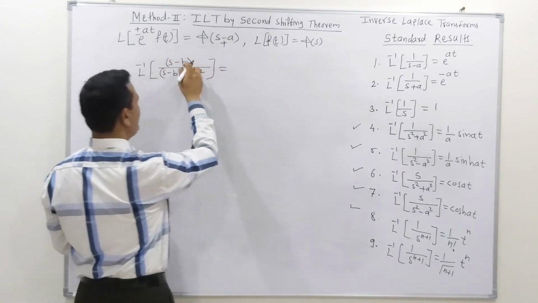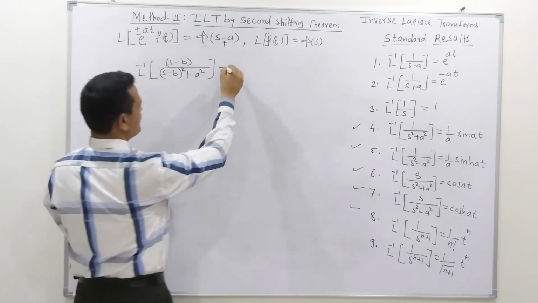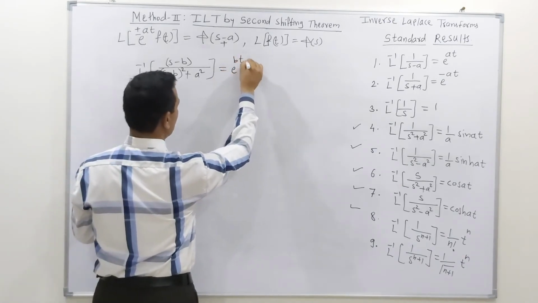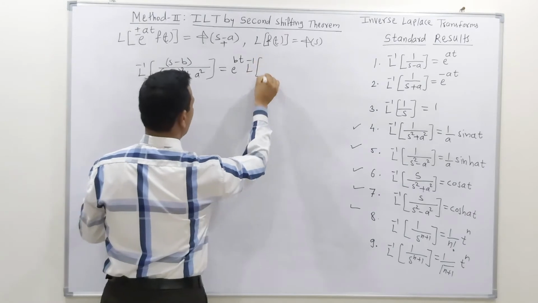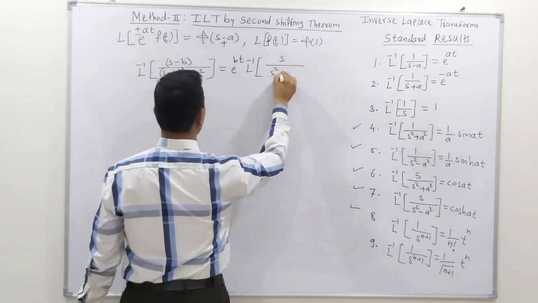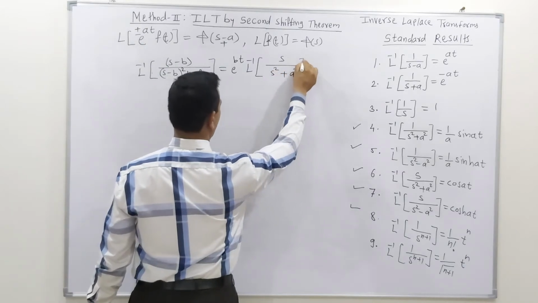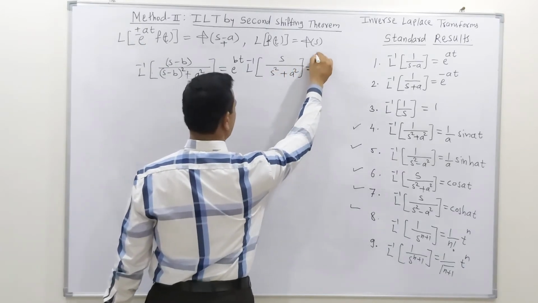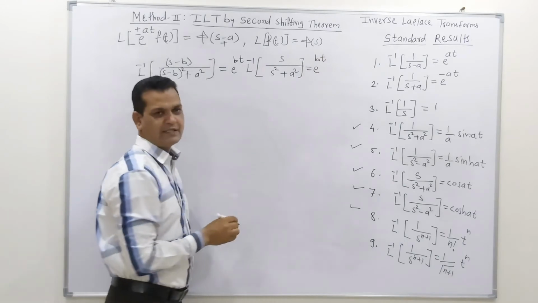So here b is subtracted from the parameter s, so we can write this as e raised to bt into the inverse Laplace transformation of s upon s square plus a square. So we can easily write this as e raised to bt as it is.